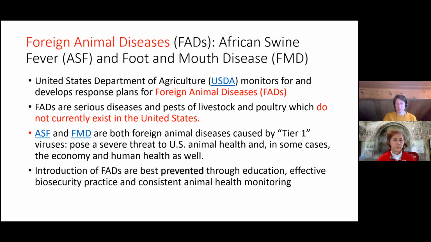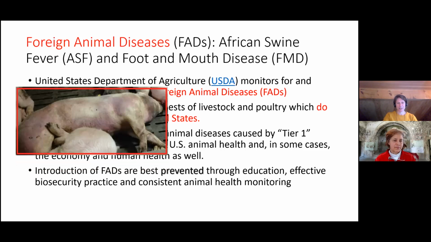Quick warning, I'm about to put up a couple of grosser pictures, so if this isn't your style, then turn away for a moment. But this picture here on the left in the red box, that's a pig that is showing some of the classic signs of African swine fever, so primarily death. Maybe one of the first signs or only sign that you see, but also all of those purple blotches on the skin is bleeding under the skin or hemorrhages.